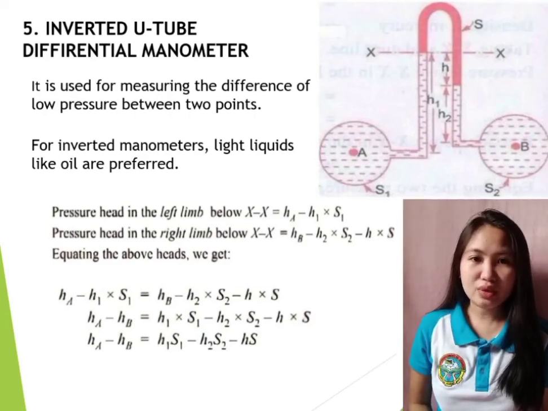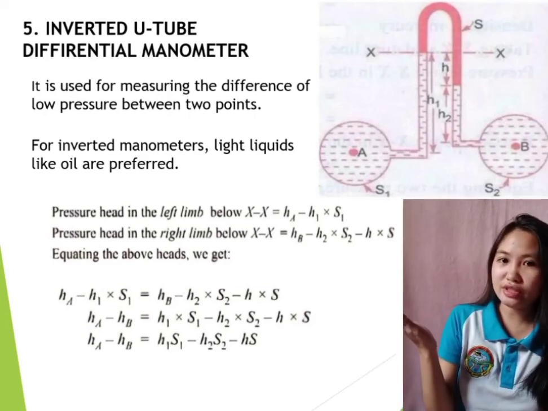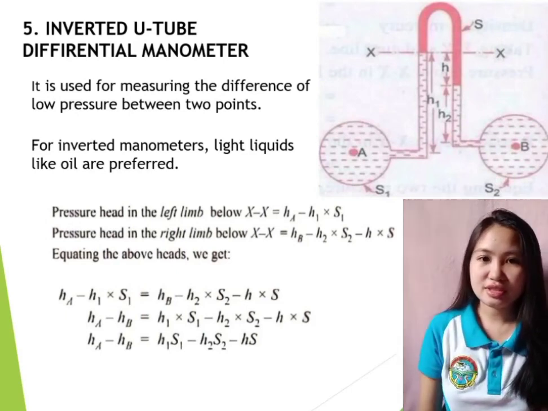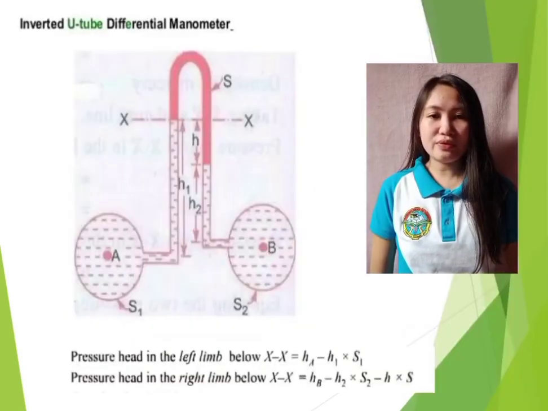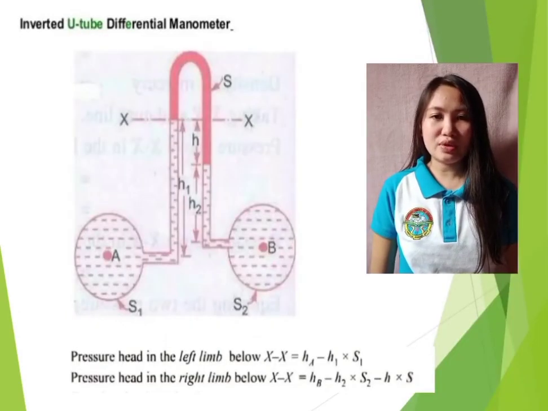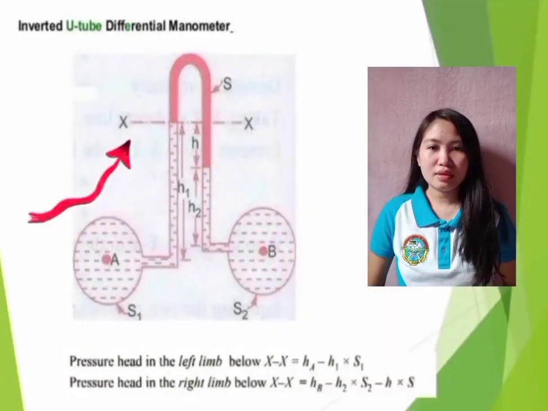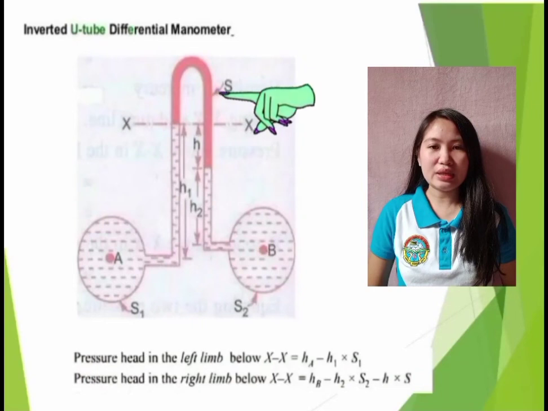As we can see, we have an equation here. Let's see the picture of the inverted U-tube differential manometer. The X is the datum line and that is the light liquid.